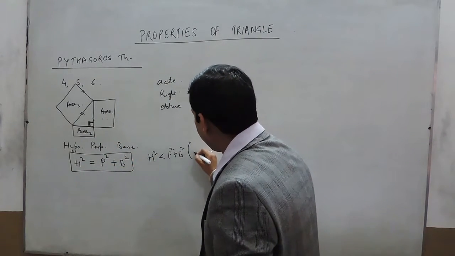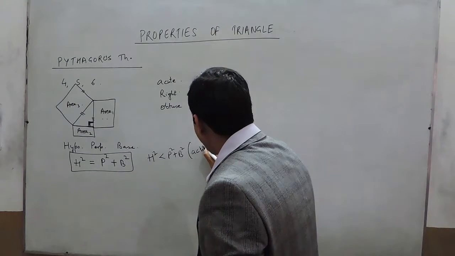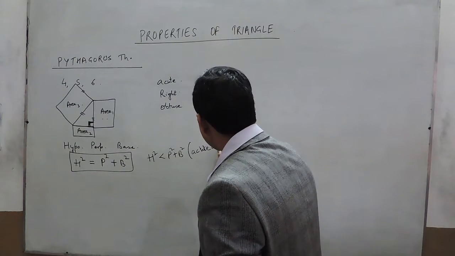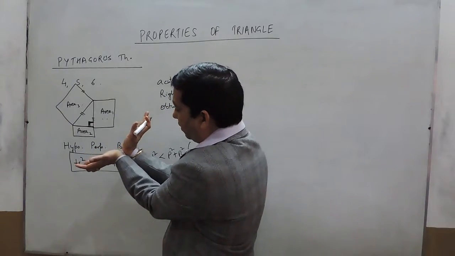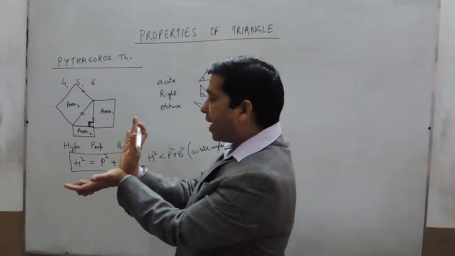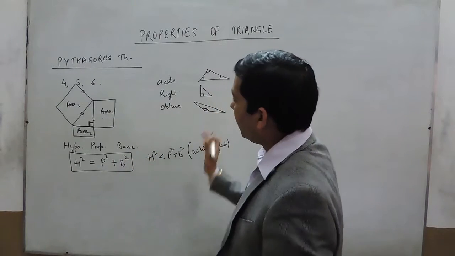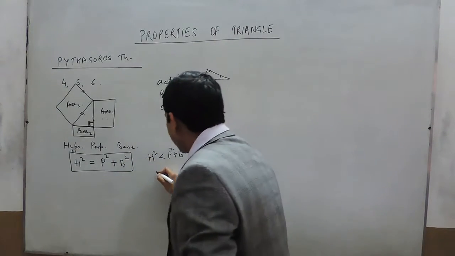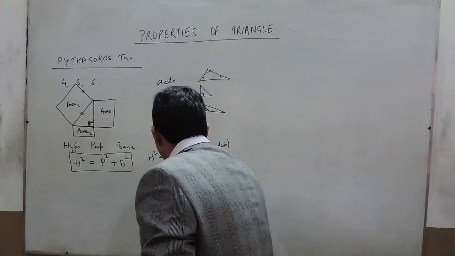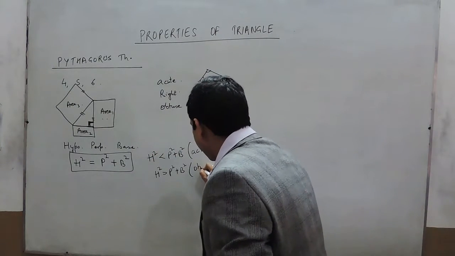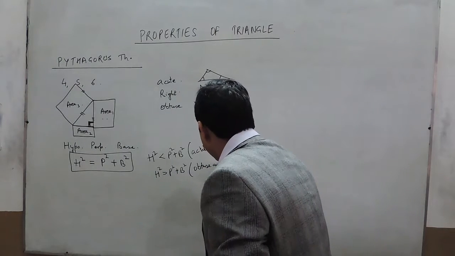So this triangle is an acute angle triangle. If we increase this angle, then definitely it is more than 90 degrees and the triangle will become an obtuse angle triangle. So if h square is greater than p square plus b square, then definitely this triangle is an obtuse angle triangle.